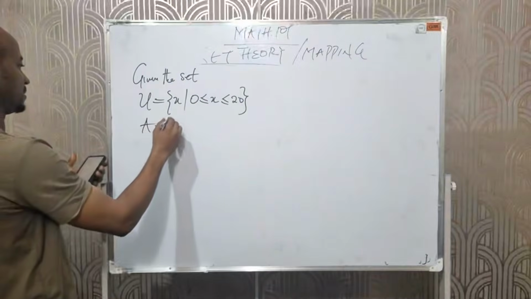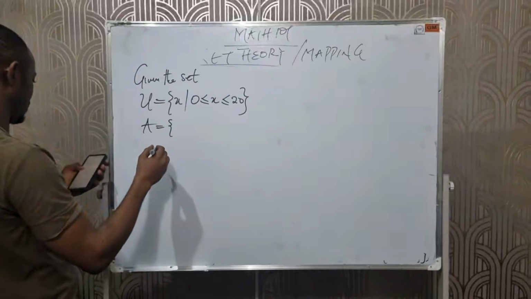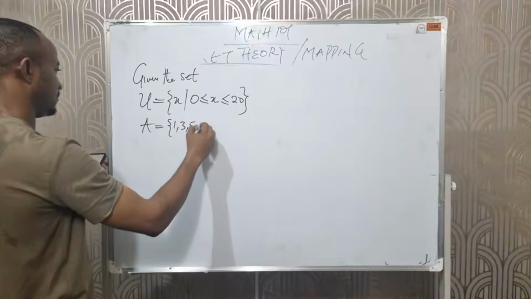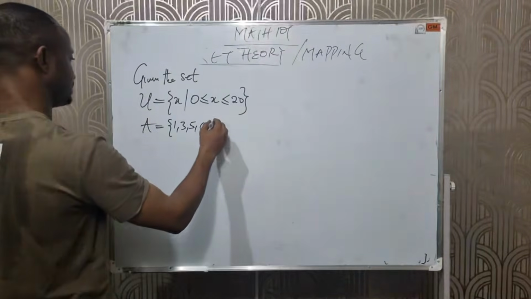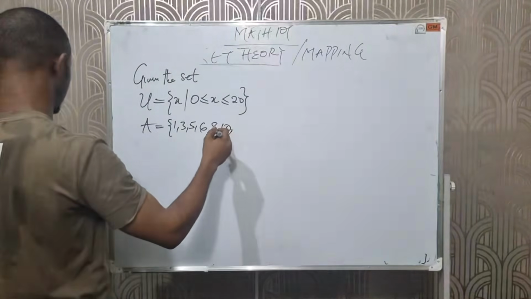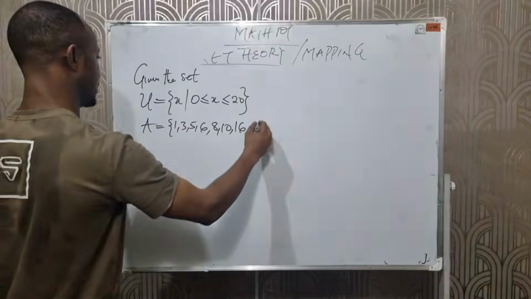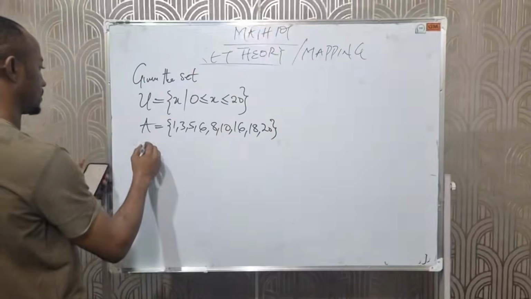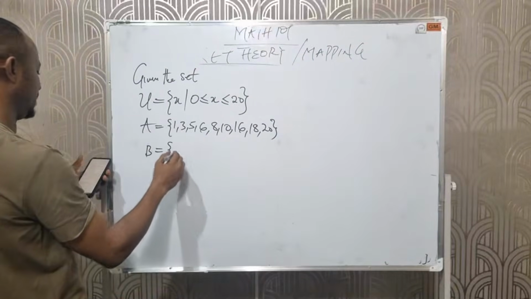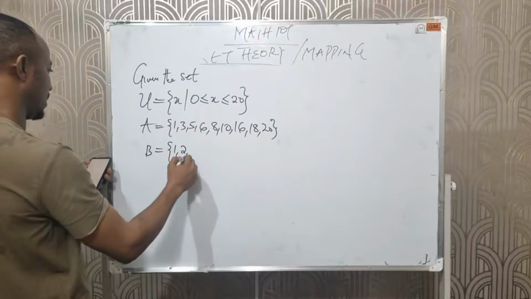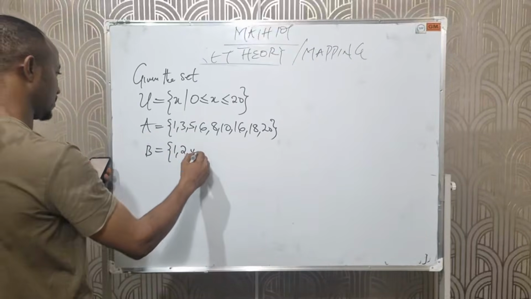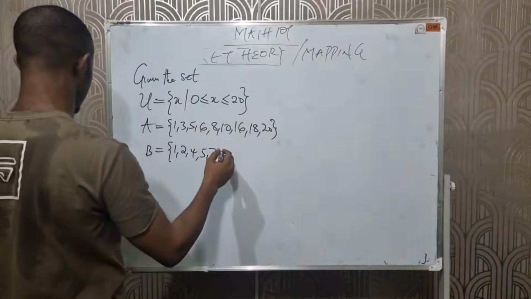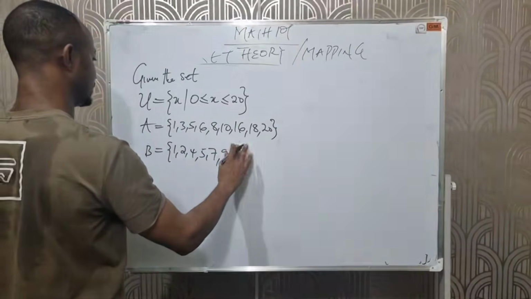Set A is given as 1, 3, 5, 6, 8, 10, 16, 18, and 20. Set B is 1, 2, 4, 5, 7, 9, and 11.